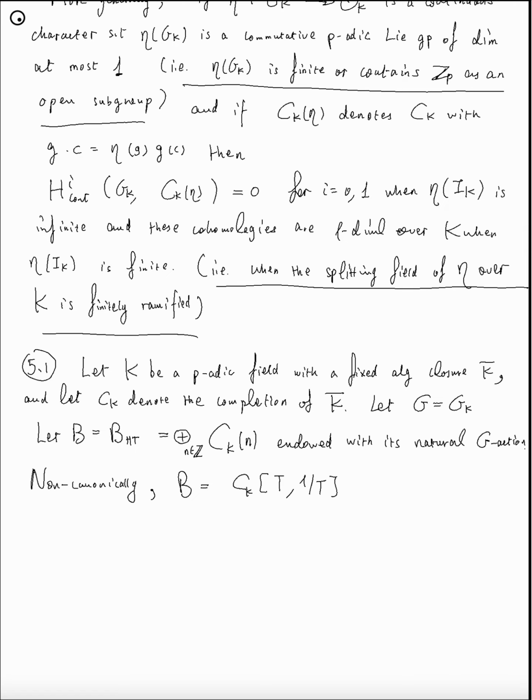And so when you apply a Galois group element on an element inside this B in the form of a power series, this is defined to be: firstly acting on the coefficients and the cyclotomic character, and then on the T power.